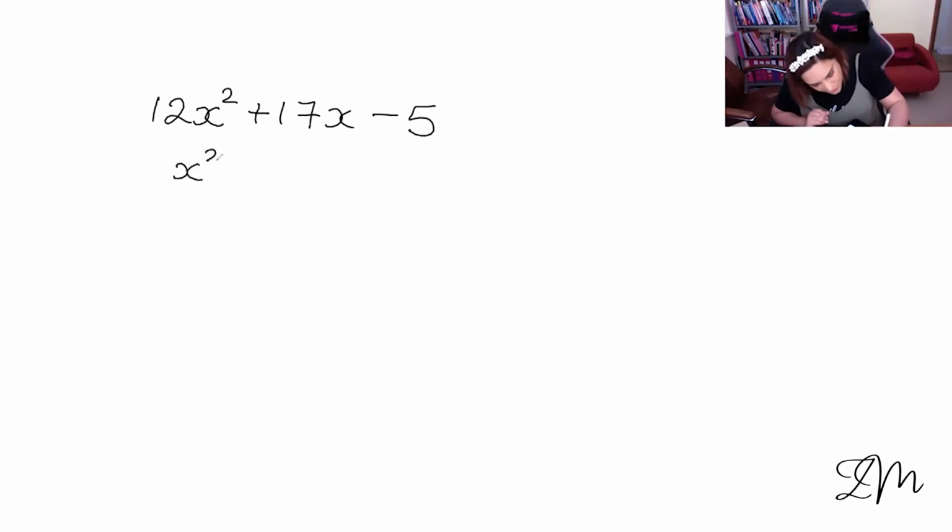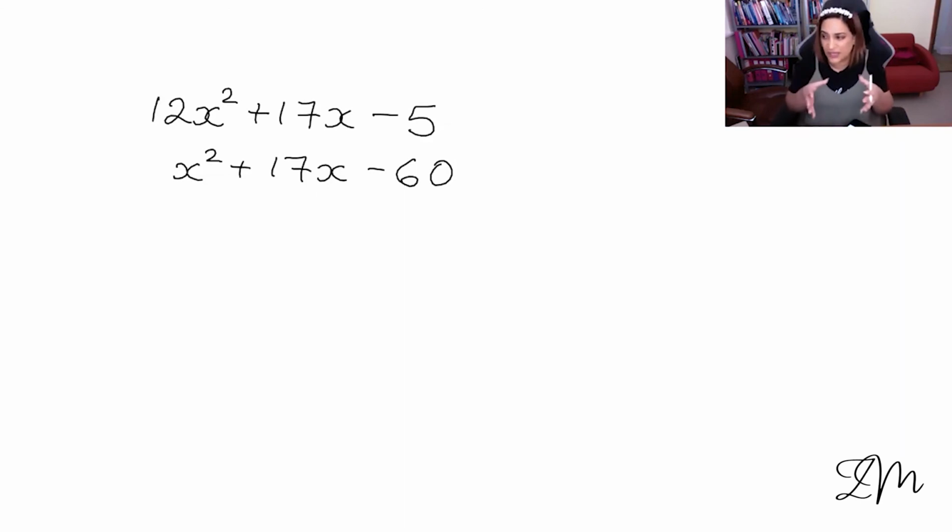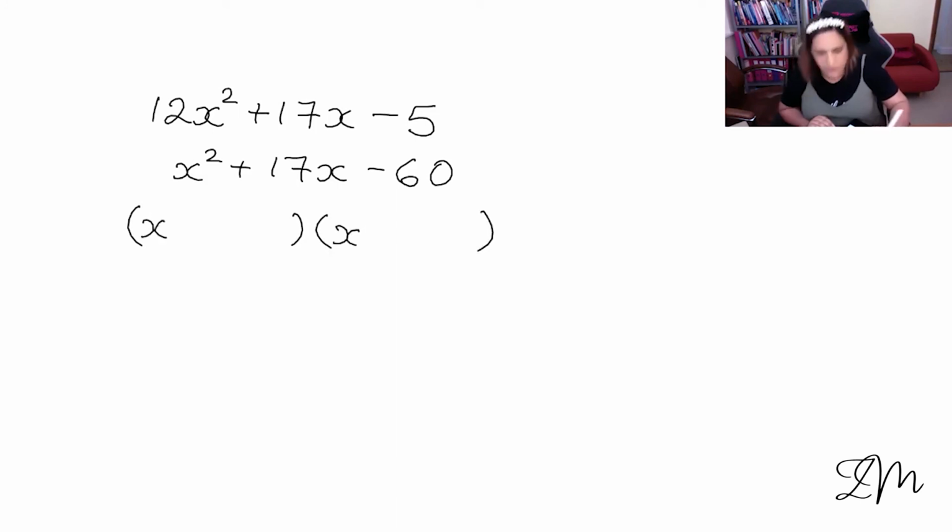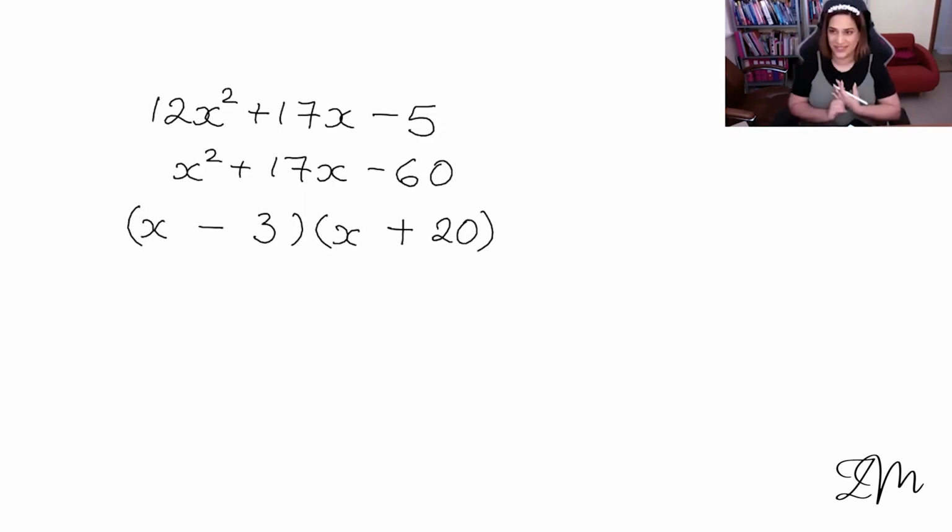So you're going to get x squared plus 17x minus 60. And now you use your regular sum and multiply rule. So 2 brackets, x and x, I think of my factors of 60, and hopefully your brain would twig you've got 20 times 3. And if you do plus 20 and minus 3, you're going to get 17.